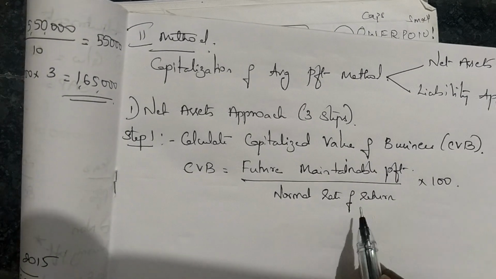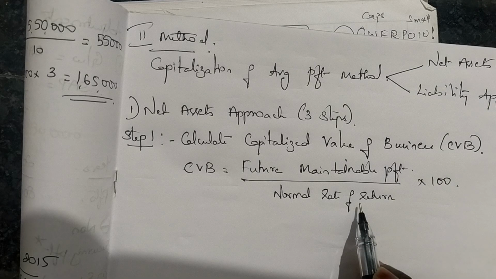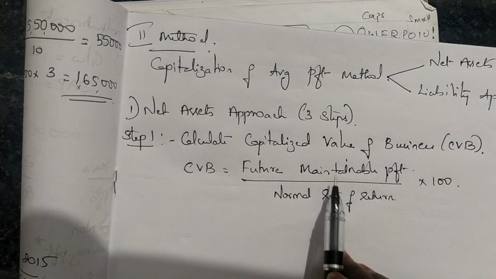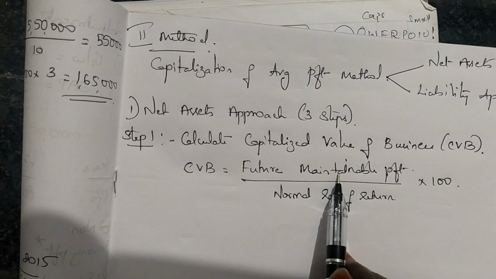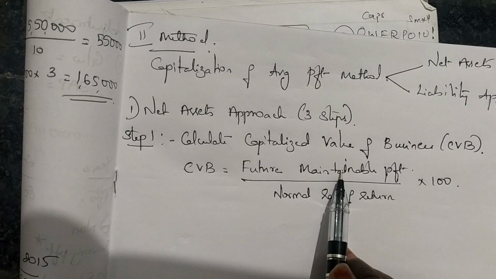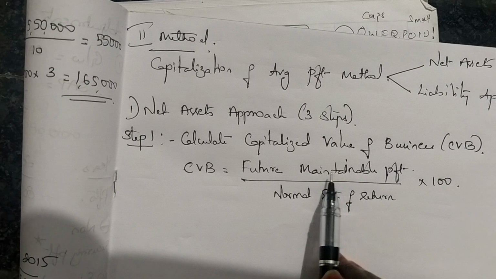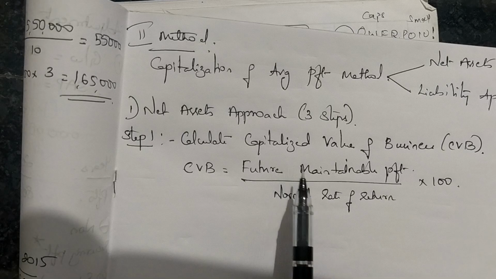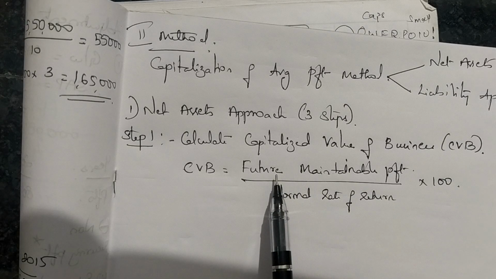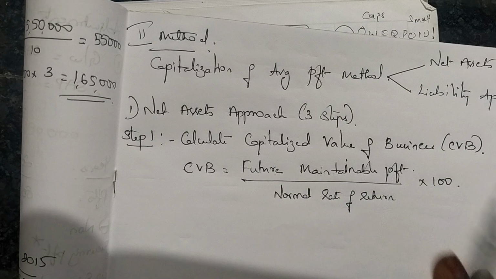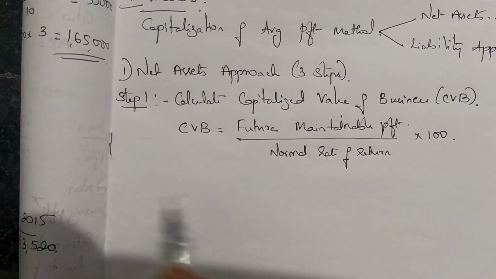This information will be given in the problem. Into 100 is common. You have to find out what is future maintainable profit. Future maintainable profit is nothing but your previous years' profit. If there are any adjustments to be made for those profits, after making adjustments, it will be called future maintainable profit. So this is step number 1.